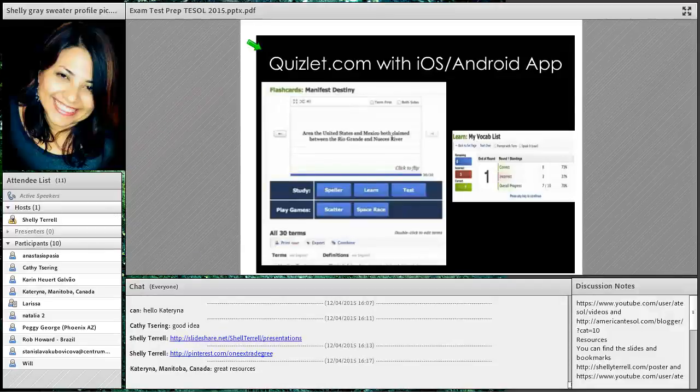It's on the web, iOS, Android. And what it does is it has the definition and it has the word. And then the students have several different options of learning the vocabulary. They can either take a test or they can do something fun. They can play games with the vocabulary. So they have two games, Scatter and Space Race.